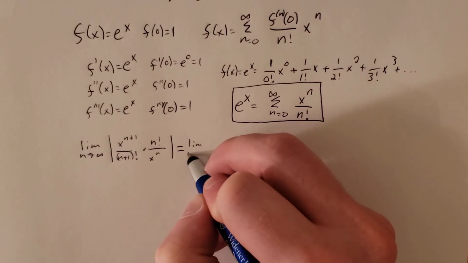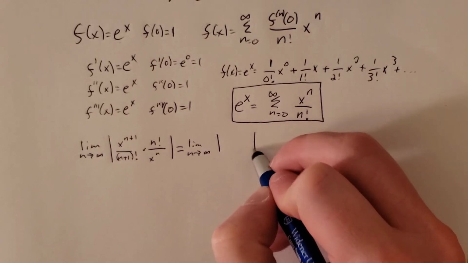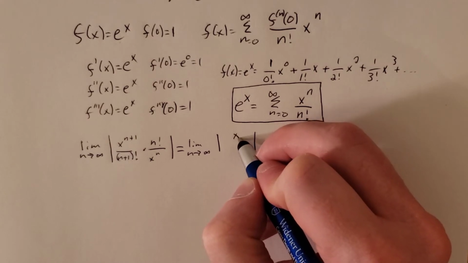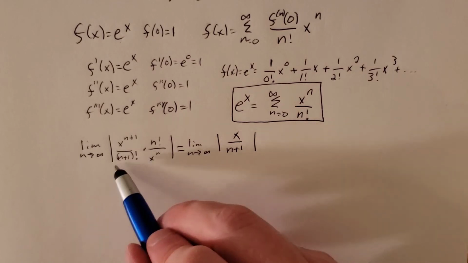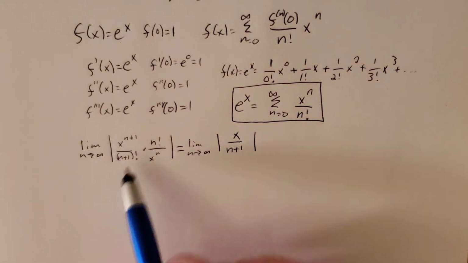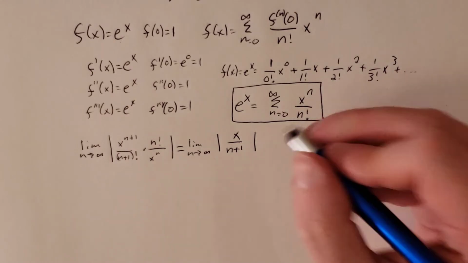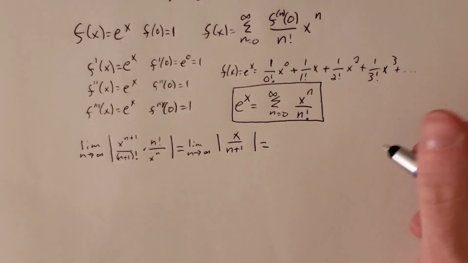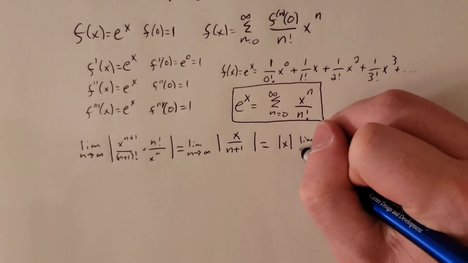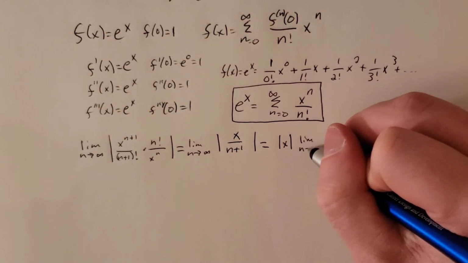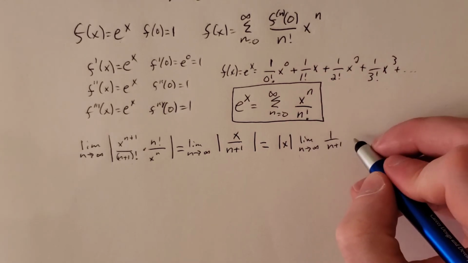And this is the limit as n goes to infinity of the absolute value of x over n plus 1, right? N factorial over n plus 1 factorial reduces to just 1 over n plus 1. And x to the n plus 1 over x to the n just reduces to x. So we can pull out the absolute value of x in front of our limit. And we take the absolute value of x times the limit as n goes to infinity of 1 over n plus 1. This limit is 0.